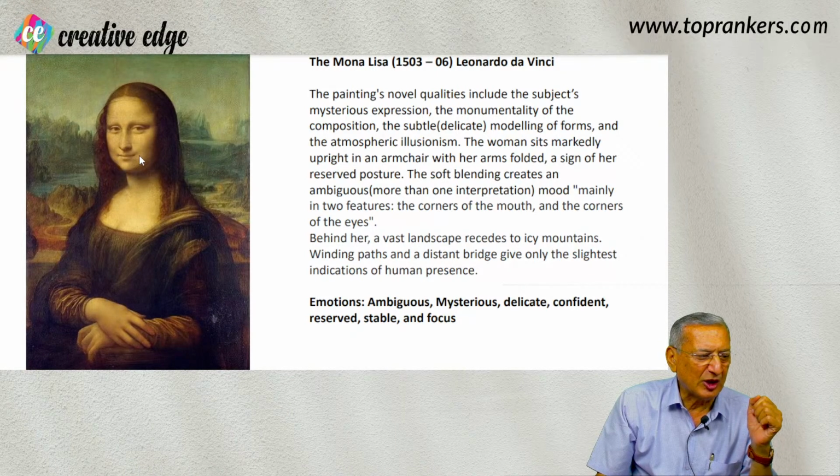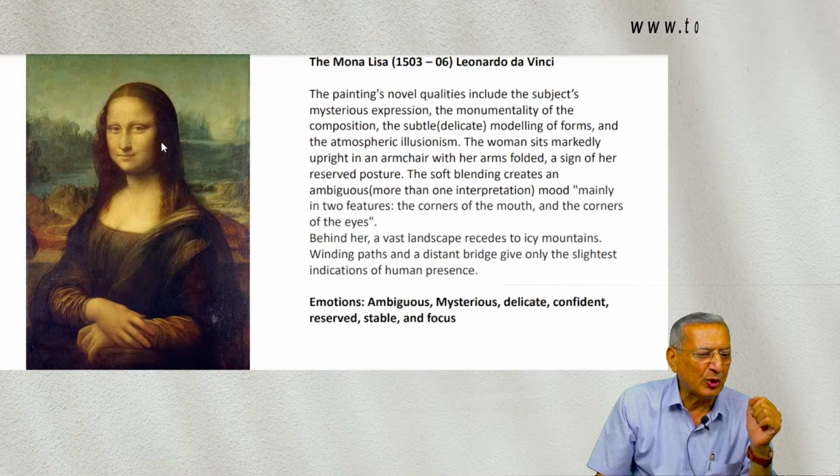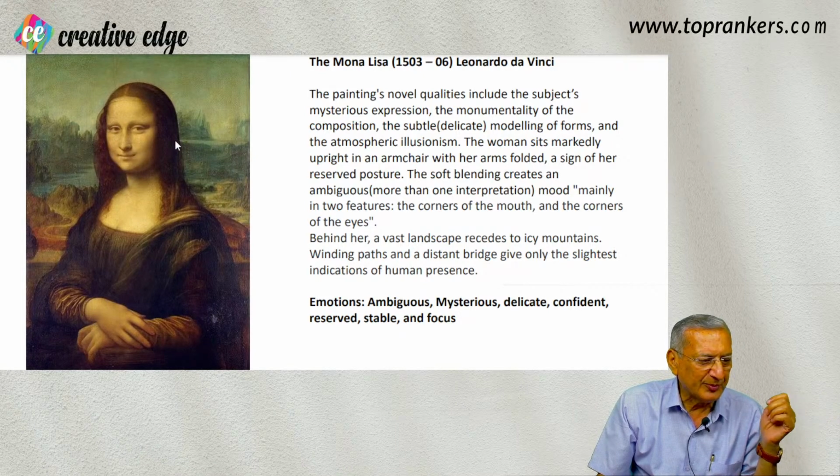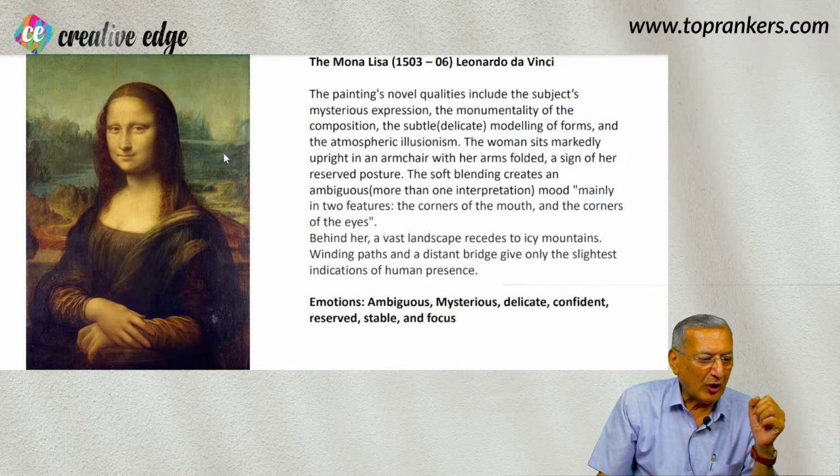Some of them call it a sarcastic smile. And the corners of her eye, a little folded. So much so that the artist did not give much attention to the eyebrows at all. Behind her, a vast landscape receding to icy mountains. Winding paths and a distant bridge give only the slightest indication of human presence.